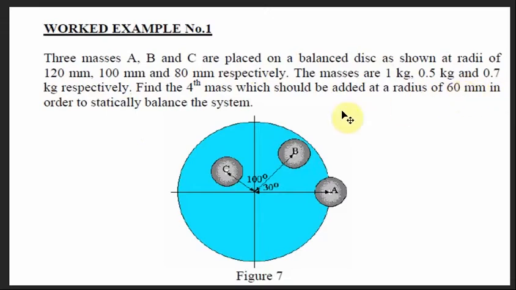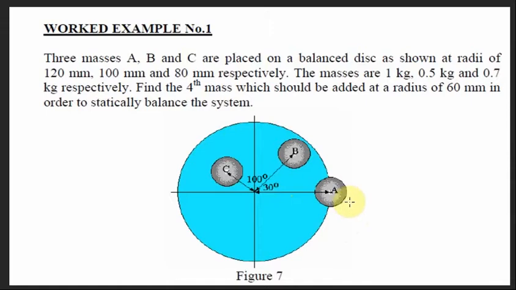We are asked to find the fourth mass which could be added at a radius of 60 millimeters in order to statically balance the system.